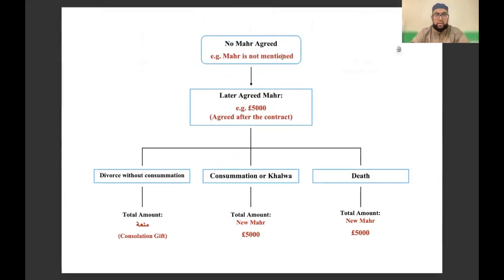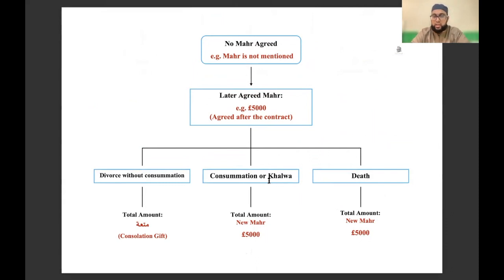Okay, now the final scenario. No mahr is agreed. So Zayd and Zainab get married and no mahr is mentioned, but they're married. Then after the marriage, after the contract, they agreed on 5,000 pounds. So they consummate the marriage, she will get 5,000 pounds. He dies, 5,000 pounds.